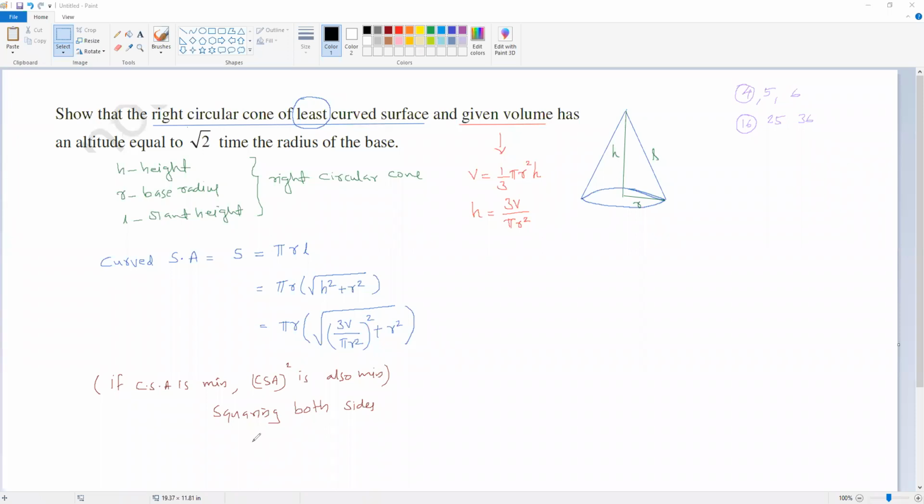Let the square of the curved surface area be z, equal to pi square r square, times, inside the bracket, 3v by pi r square, the whole square, plus r square.